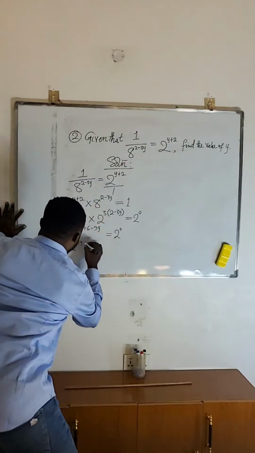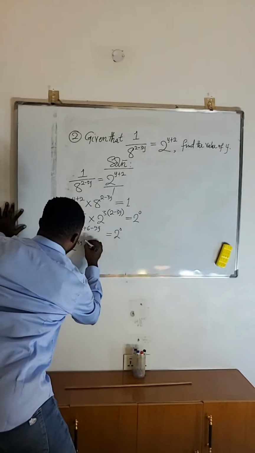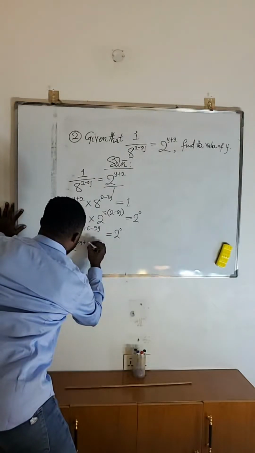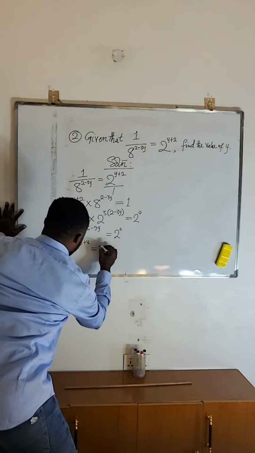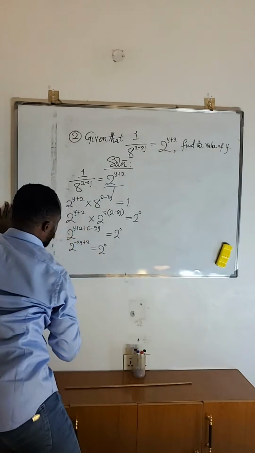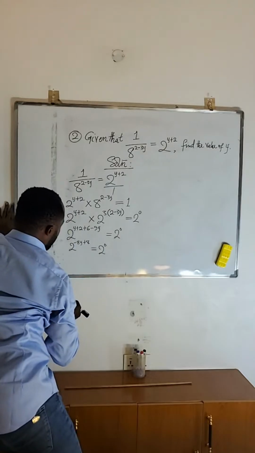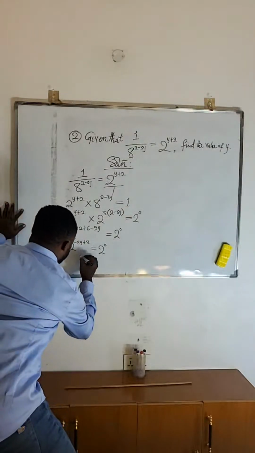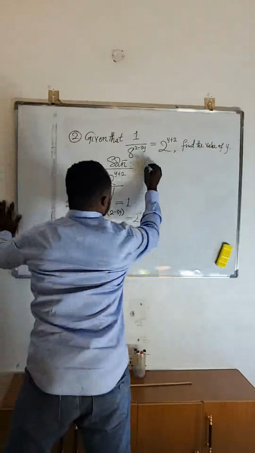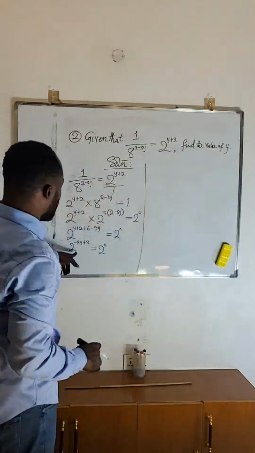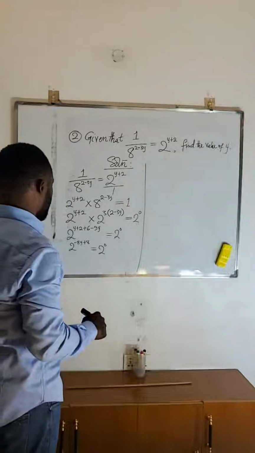Then here, we now have plus 8 to be equal to 2 raised to the power of 0. Okay, let me bring them here. Let's move from here to that side.